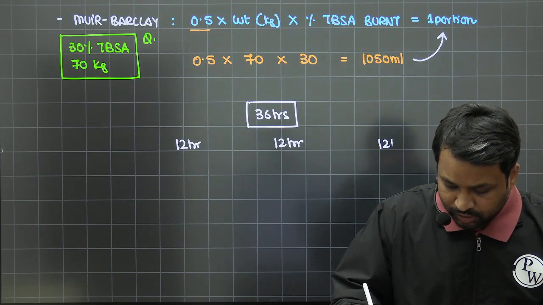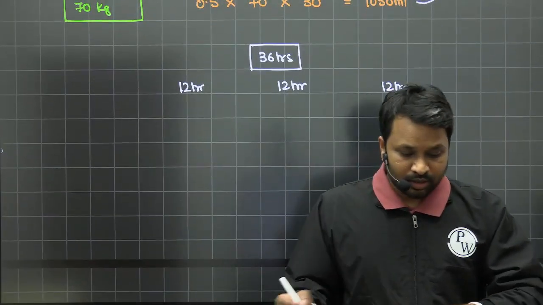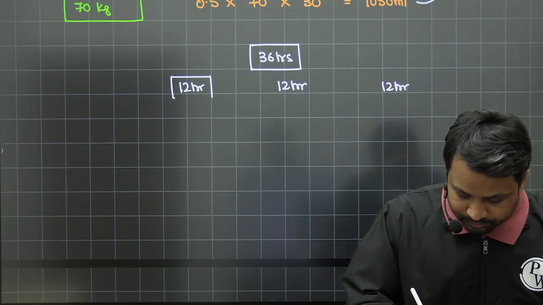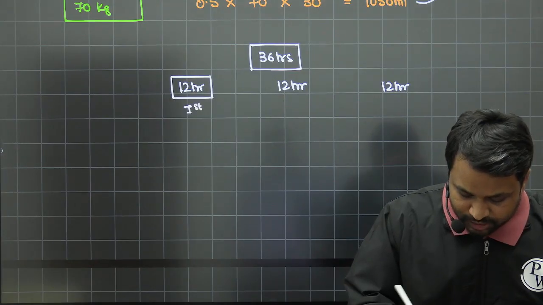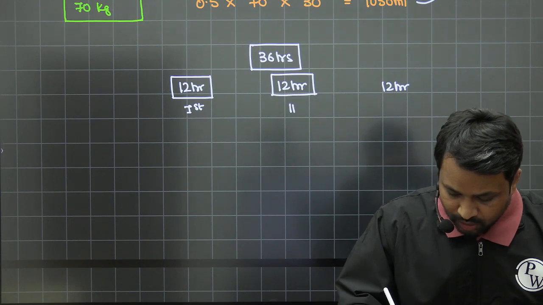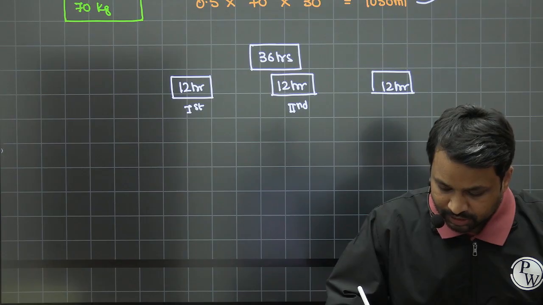So you have 3 12-hour segments for the colloid resuscitation. This is your first 12 hours. This happens to be your second 12 hours, and this is the last, that is the third 12 hours.